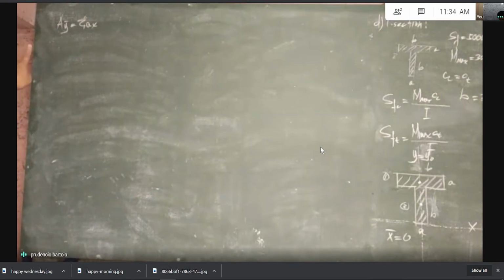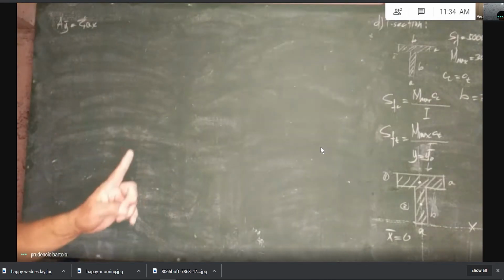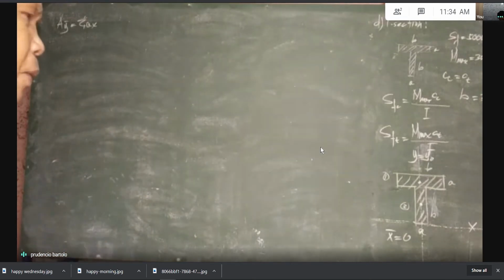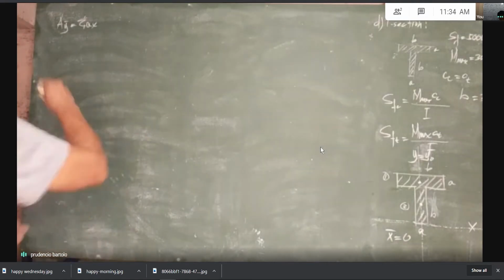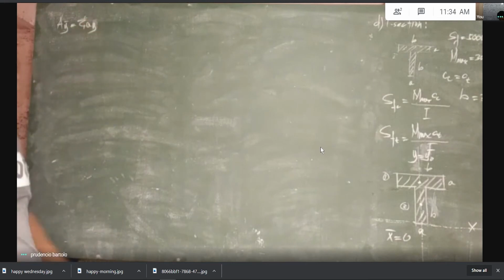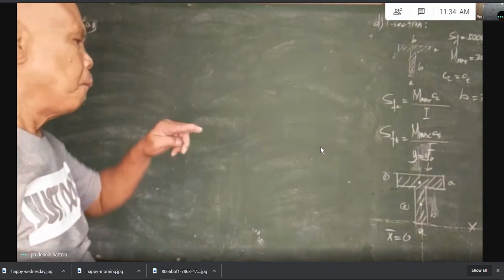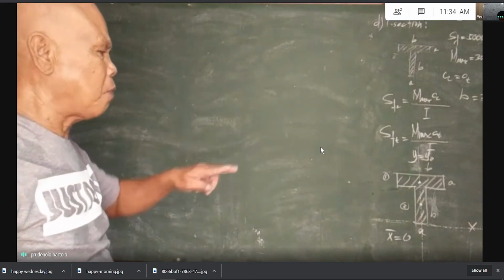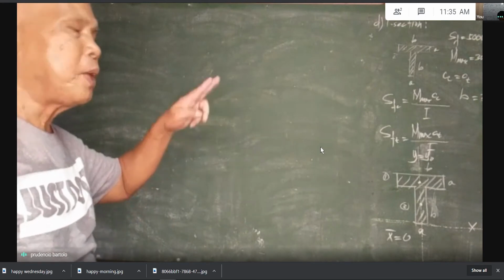The small letter a is the area of each element or figure involved. And y is the y element, meaning the distance from the reference x to the centroid of each figure.